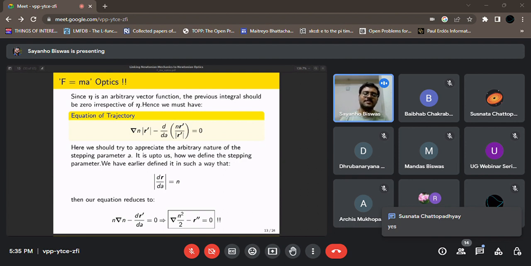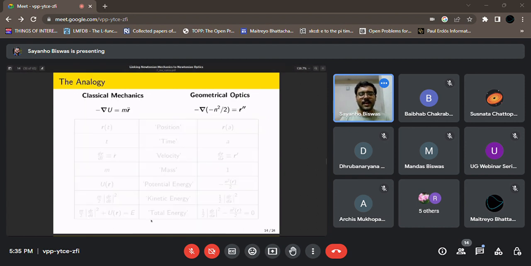So this minus R double prime, I'm shifting it to the right hand side. Basically, gradient of n squared by 2, I have introduced a negative symbol inside and a negative minus sign outside, a minus inside and a minus outside, to put it in the standard format. So I'm feeding you this analogy. Basically, Evans and Rosenquist fed the world through their paper. At this point, I'm feeding you this after reading from their paper.